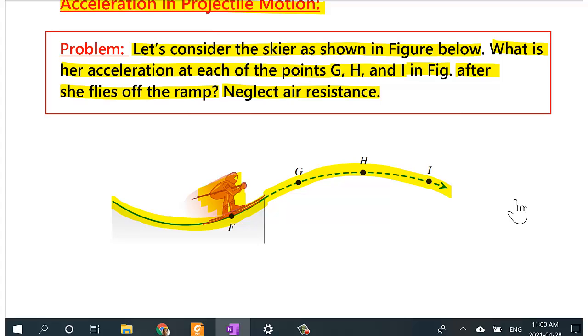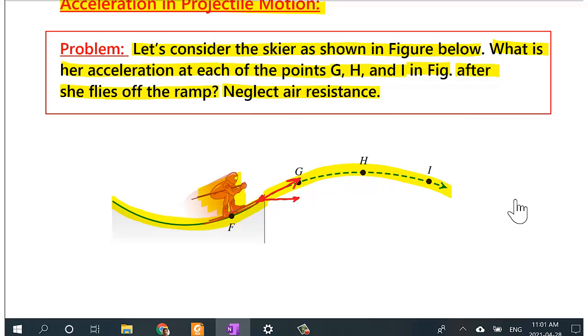Now if I ask what kind of path she will have once she flies off this ramp: at this point she is here and then she flies off the ramp. What kind of path do you think it will have? It will have a projectile path, because at this point of time when she is just going to fly, her velocity has two components.